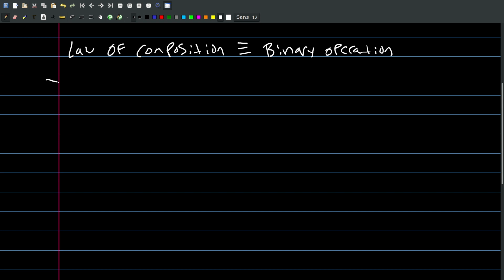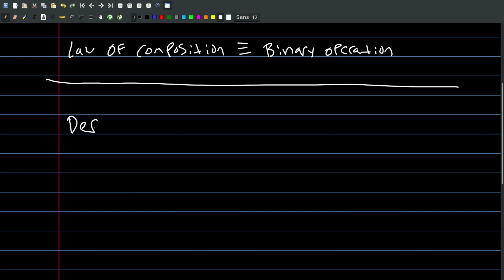Anyways, I want to talk about units of a binary operation. So anytime you have a unit, it would be like you operate that unit with any element of the set, and it's an identity, and it returns that same element. So let's write out the definition of a unit of a binary operation.